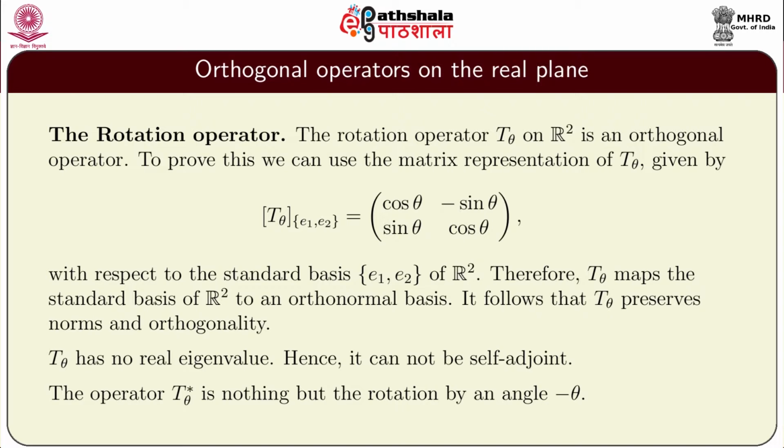Therefore, it is orthogonal, and it follows that T theta preserves norms and orthogonality. But T theta has no real eigenvalue, so it cannot be self-adjoint. In fact, the operator T theta star is nothing but the rotation by an angle minus theta.